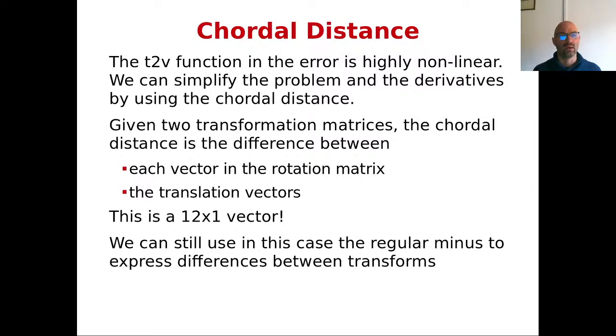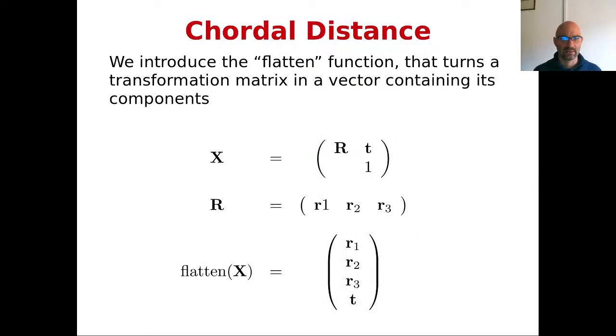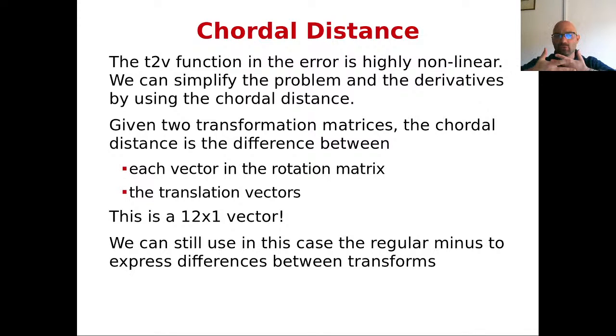What does it mean to subtract 2 transformation matrices? Well, the transformation matrix is composed of 2 aspects. One aspect is the rotation matrix, and the other aspect is the translation vector. Now, if I subtract the 2 translation vectors, the meaning is quite obvious. It's the difference in position between the 2. If I subtract the 2 rotation matrices, the difference is a little bit more subtle, but it's still very easy to visualize.